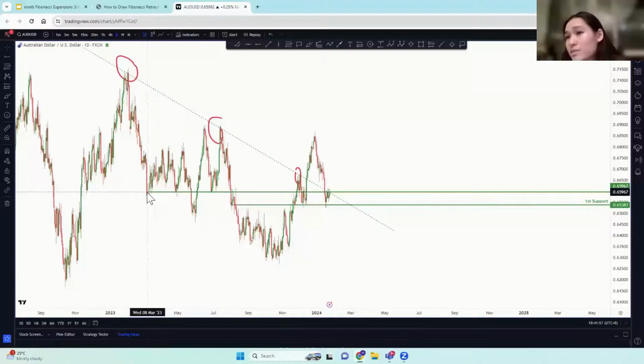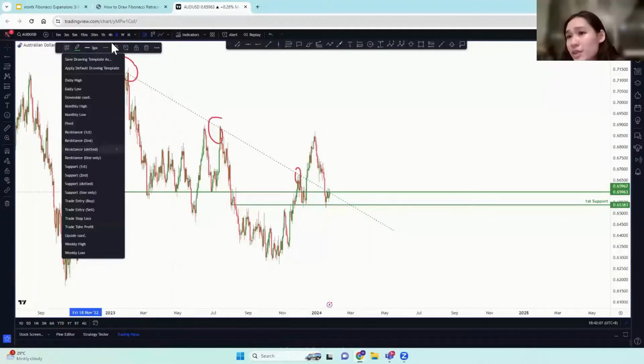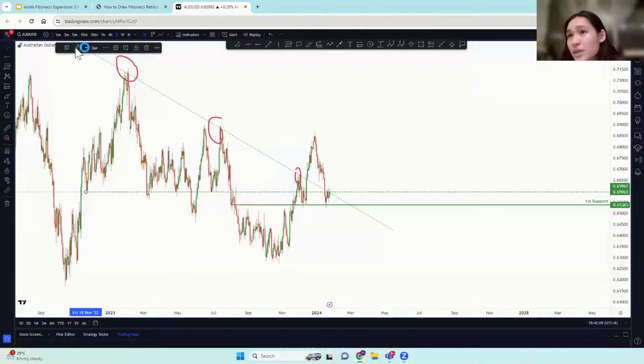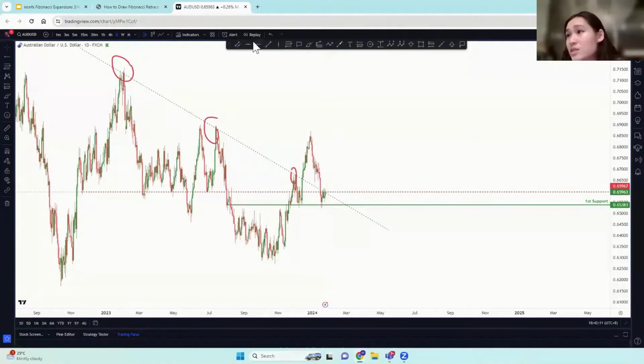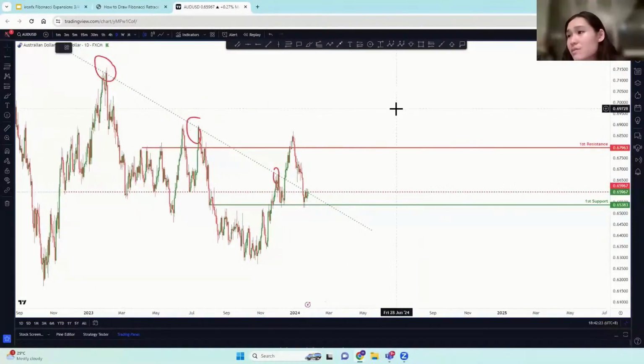Okay, this will be my intermediate level because we can see there's 1, 2, 3, 4 swing lows that line up with that level. So this is my intermediate resistance, and over here is my first resistance.